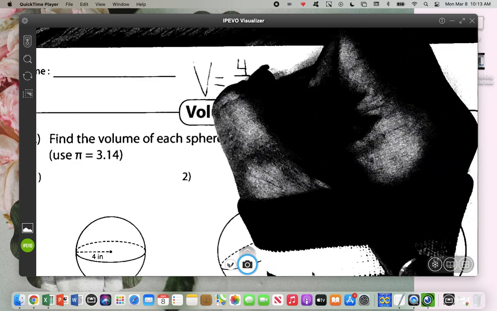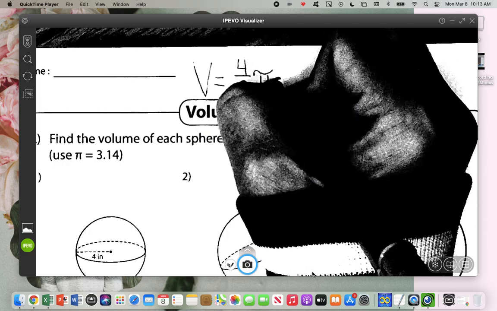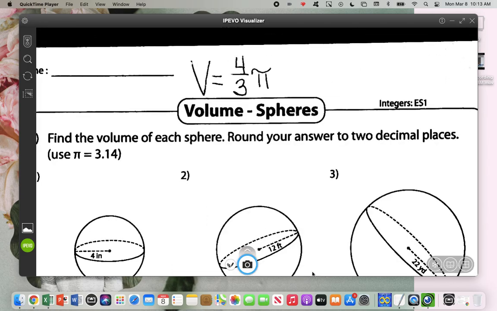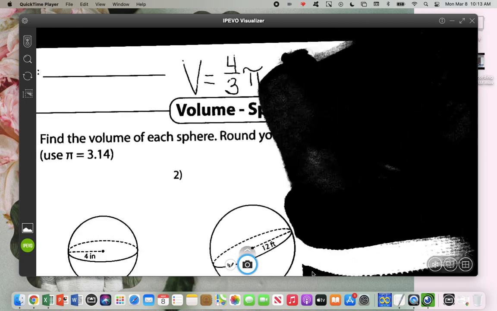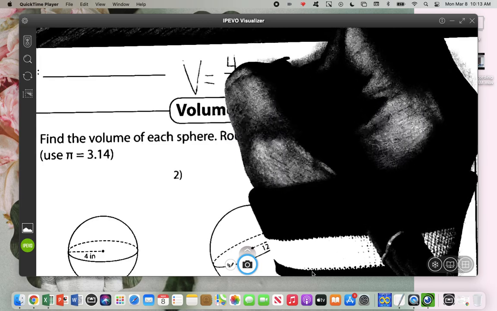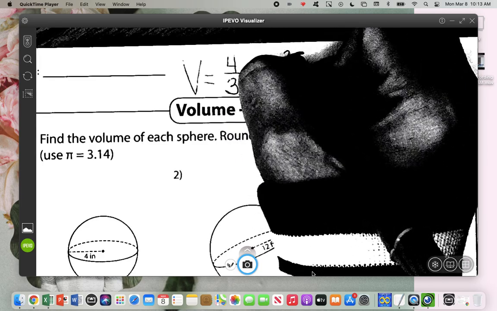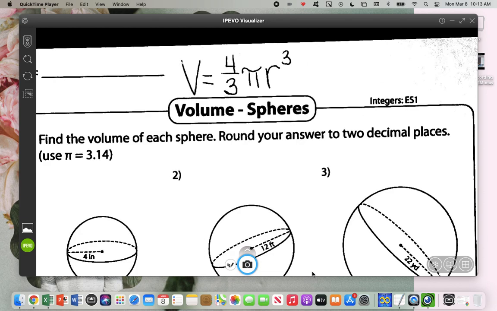The next part of the formula is pi. Anytime we're working with circles, we're usually going to have a pi in our formula. We will be using 3.14 for pi today. And then the last part is the radius to the third power.